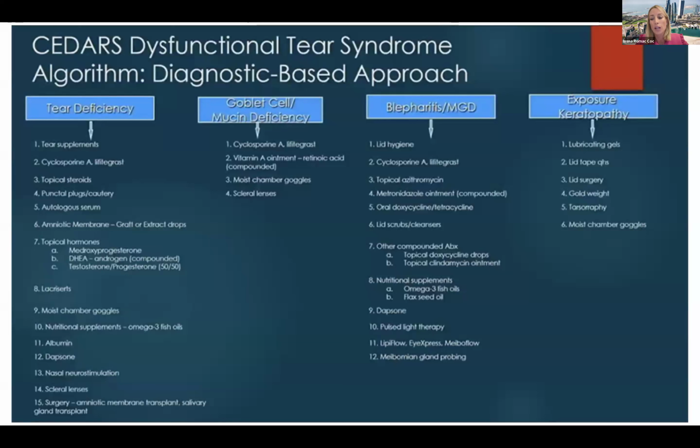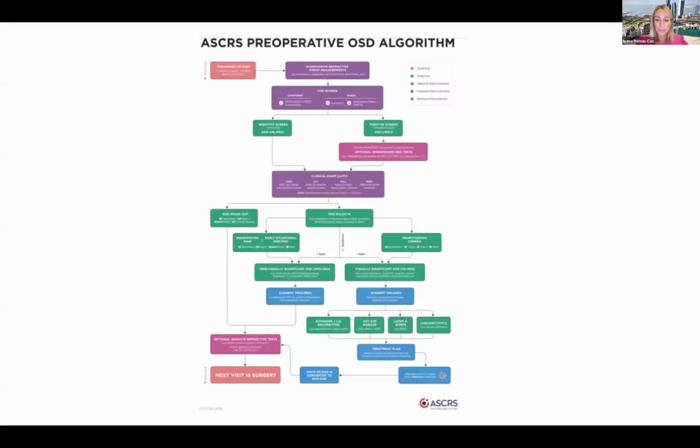And it offers a diagnostic-based approach where patients are categorized based on the predominant etiologic mechanism of dry eye disease into 4 categories. So we have tear deficiency, we have goblet cell or mucin deficiency, blepharitis, MGD, and exposure keratopathy. And the treatment is recommended based on the category or type of disease.